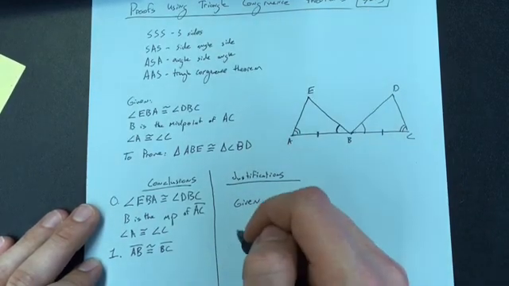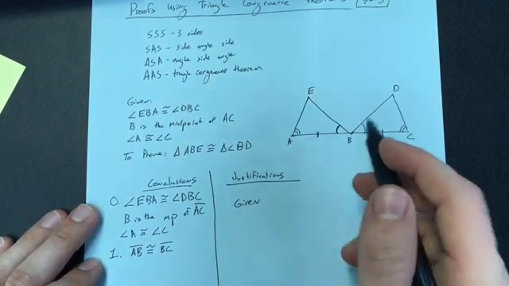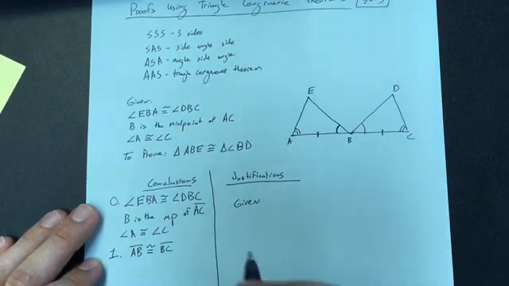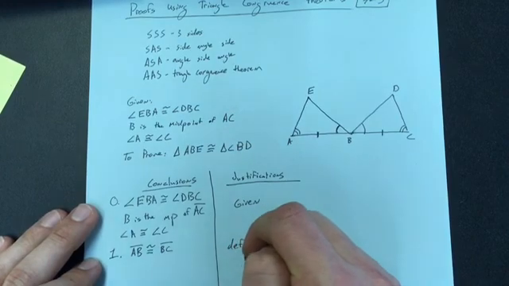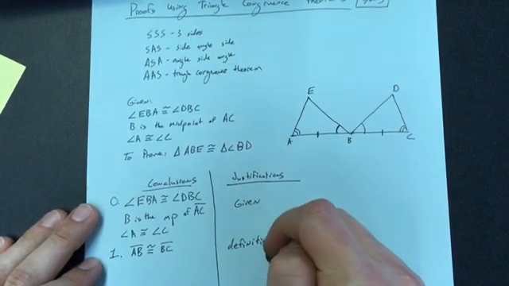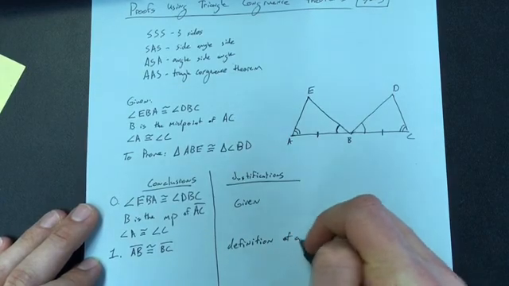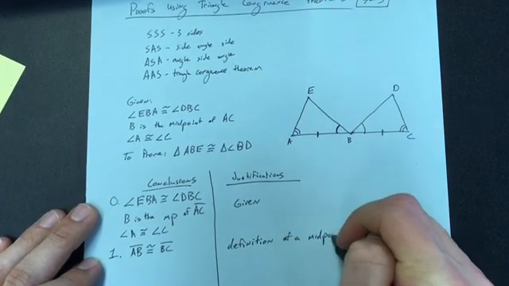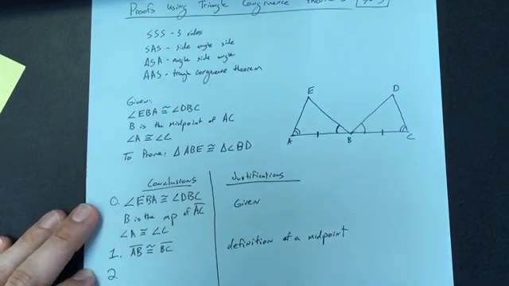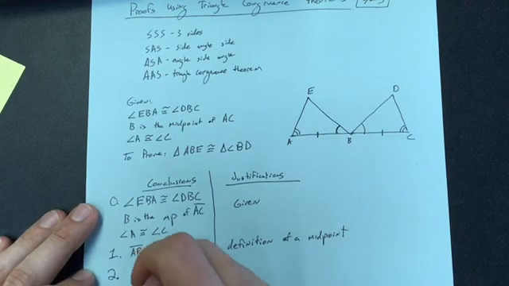The definition of midpoint says that a midpoint cuts a segment into 2 congruent parts. So in our justifications we reference the definition of a midpoint. And our second point in our argument.